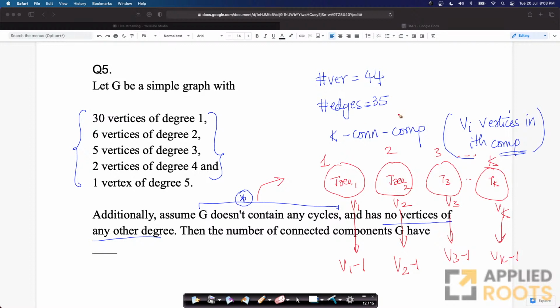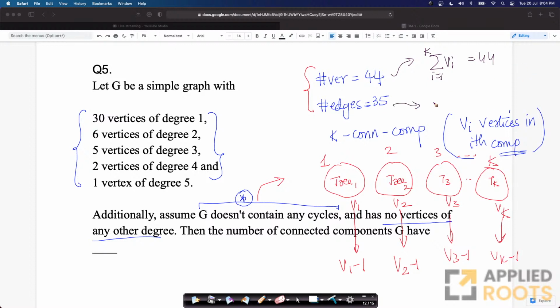So now look at it. We also have these two very interesting facts. Now let's try to combine these facts with this sort of notation. What is the total number of vertices now? There are V1 vertices in this component, V2 here, so on and so forth. So summation over Vi, i going from 1 to k, is 44, right?